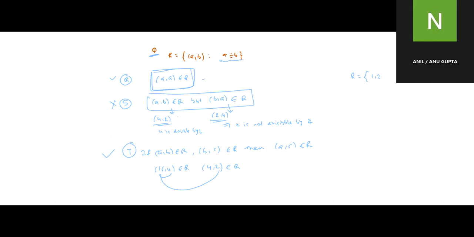(A, B) belongs to R means A is divisible by B. (B, A) belongs to R means B is not divisible by A, that's why it is false. सेंटेंस में लिखना है बस। अगर फॉल्स प्रूव करना है तो काउंटर एग्जाम्पल भी दे सकते हो आप, दैट इज ऑल्सो फाइन। ओके, ओके, sir.